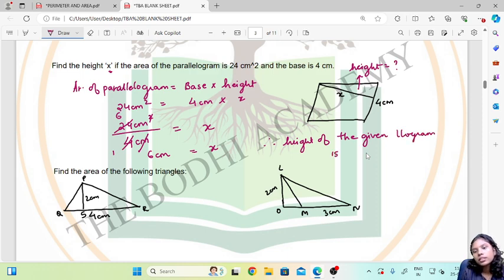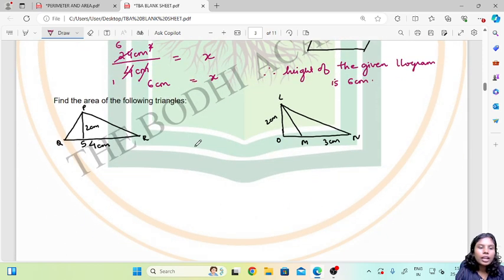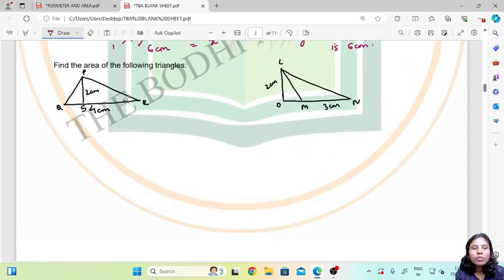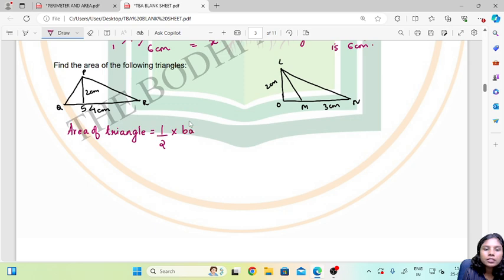Okay, now look here, find the area of the following triangles. Now that was about parallelograms. Now we'll try to solve for the triangles. So the formula is area of triangle equals half area of parallelogram, that is half into base into height.